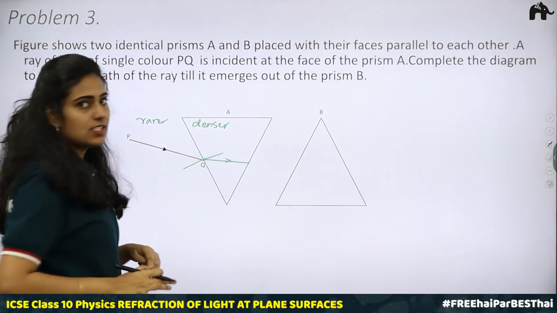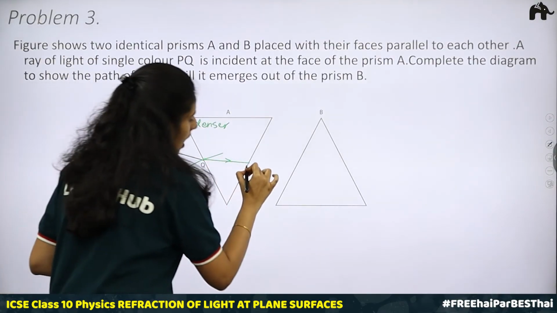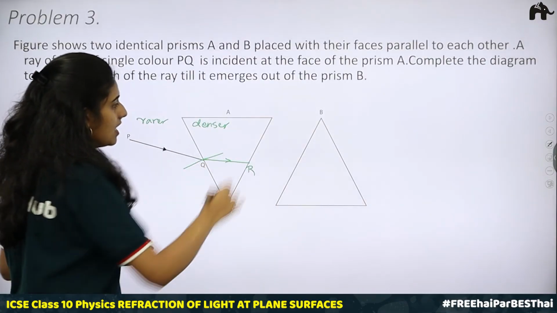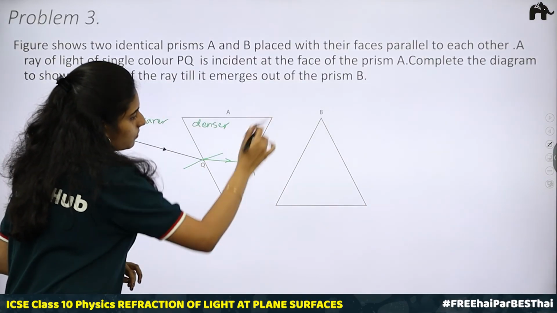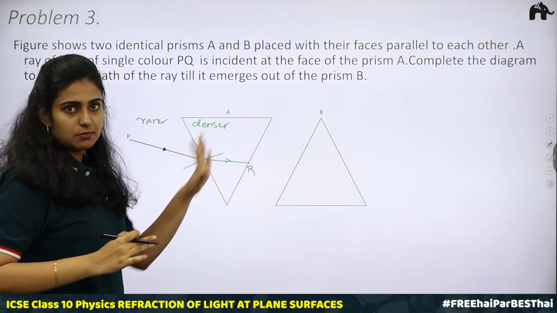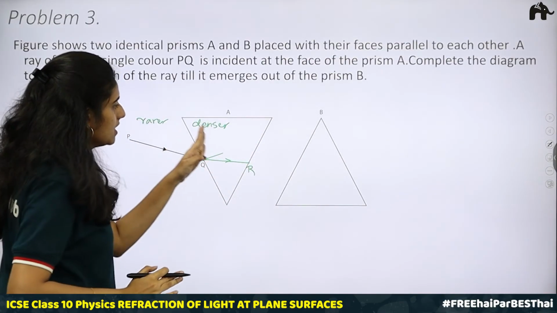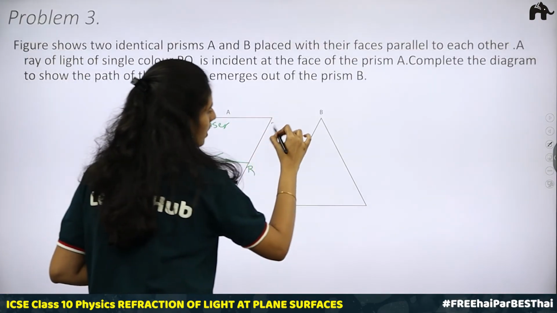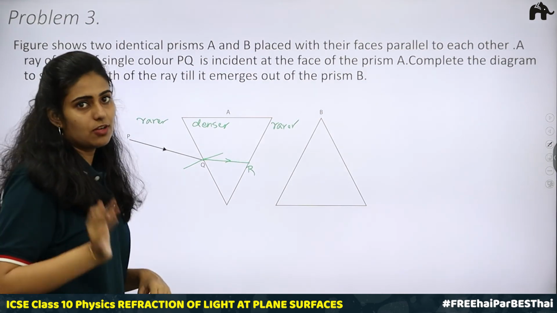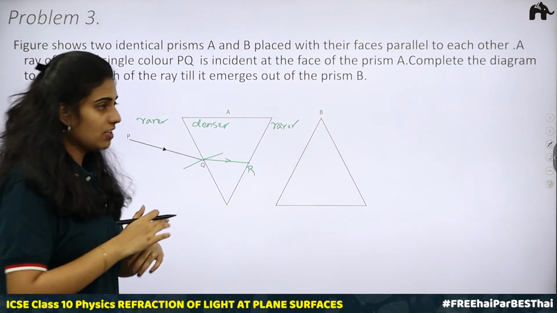Now what happens to this refracted ray? Let's say PQR. R is the point where this refracted ray touches the second refracting surface of prism A. Here it goes from a denser medium again to a rarer medium. Denser to rarer medium, light bends away from the normal.